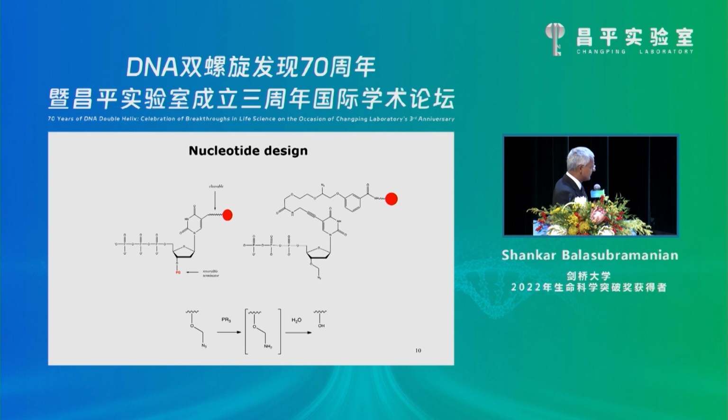Now, this chemistry is actually very old. It came out of the work of a German chemist called Hermann Staudinger in the early 1900s. Now, he discovered that phosphorus-3 reagents called phosphines are very good at reducing azides to primary amines.